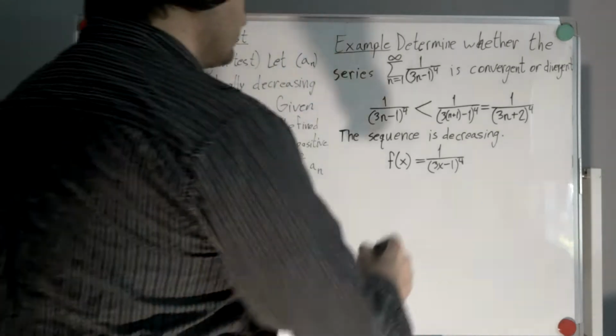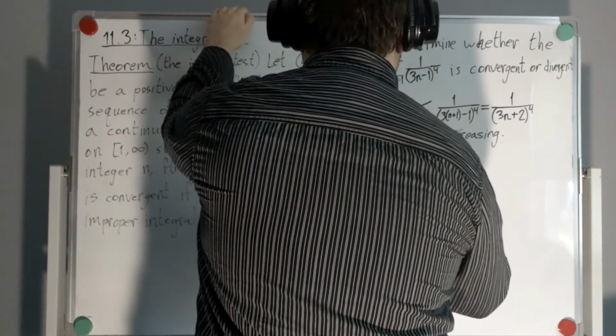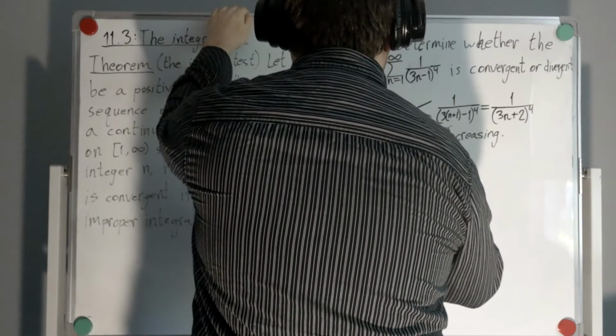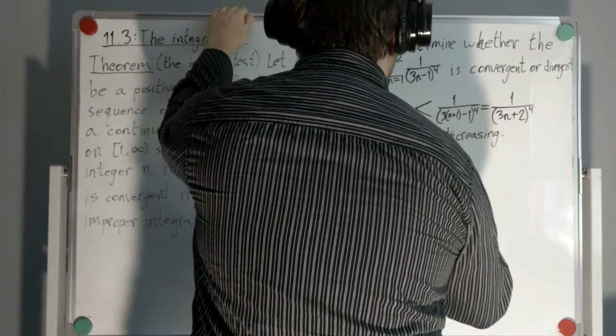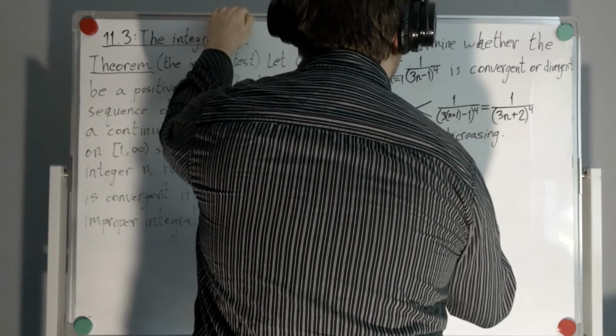So we just need to take the improper integral from 1 to infinity of 1 divided by (3x minus 1) raised to the fourth power.